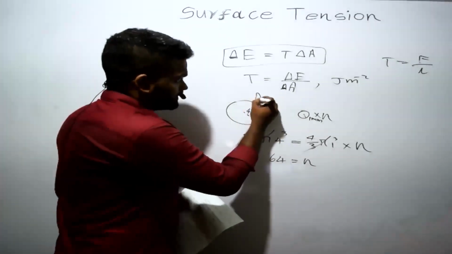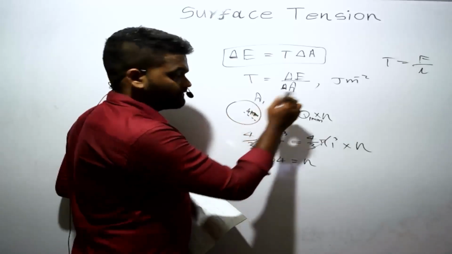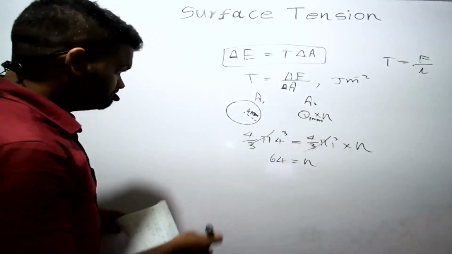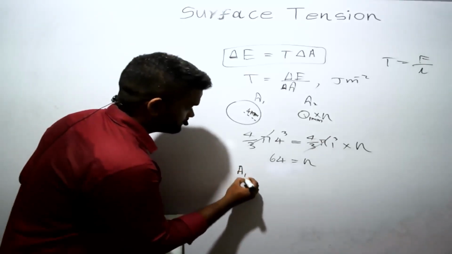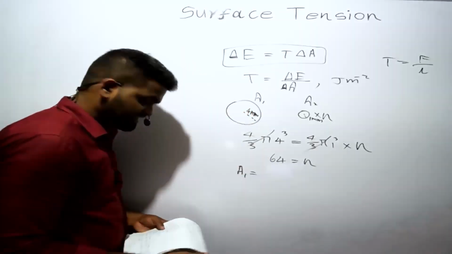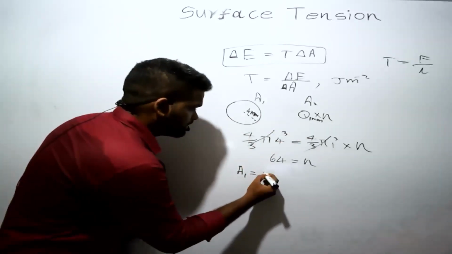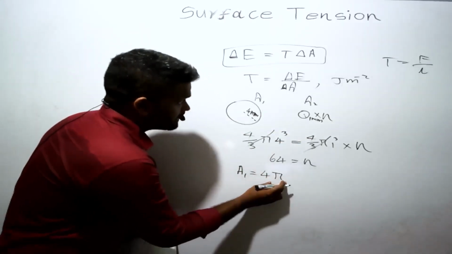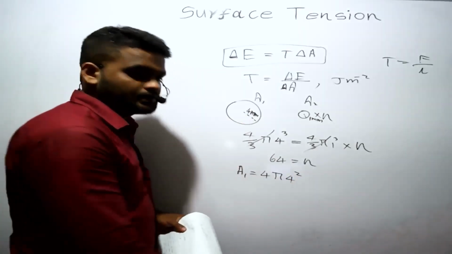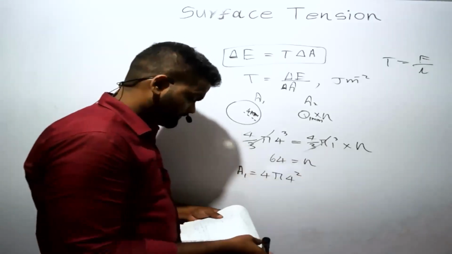Right. So let's say here the area is A1, here the area is A2. How do you find the area here? What's the equation? 4 pi r squared, right? 4 pi, what is r? 4 squared, in square millimeters.